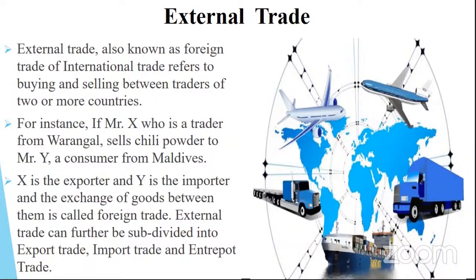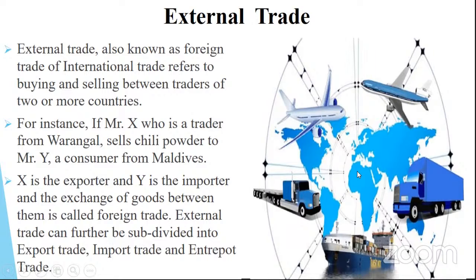But here you can see the world map, the globe. Here you can see many countries. So any trading activity within the country, here India, that is called internal trade. But the trading activity, that means selling goods to other countries or purchasing goods from other countries or with several countries, that is called external trade.